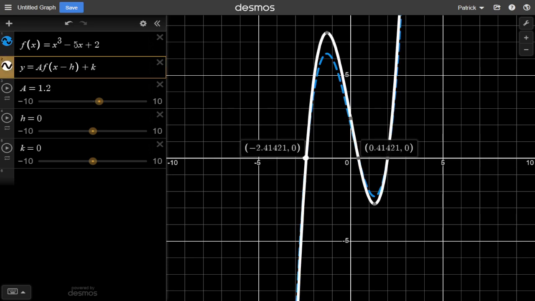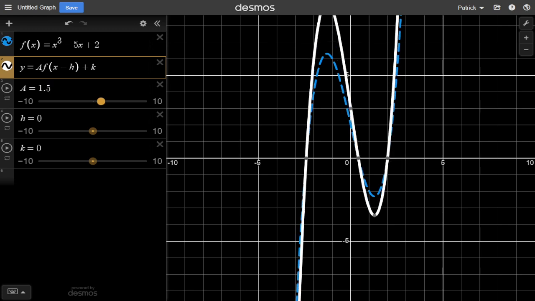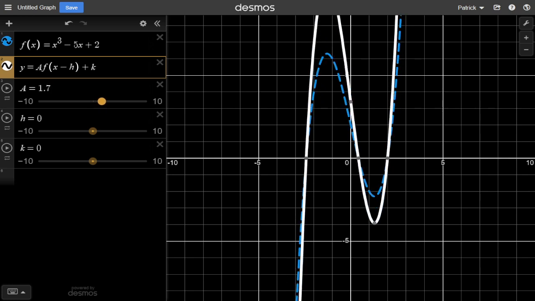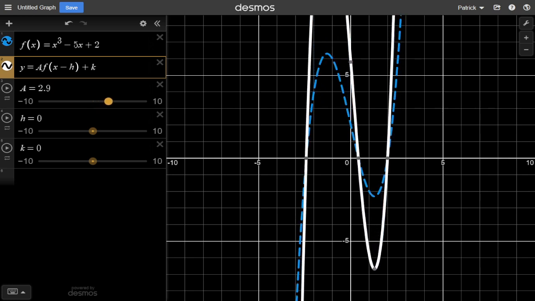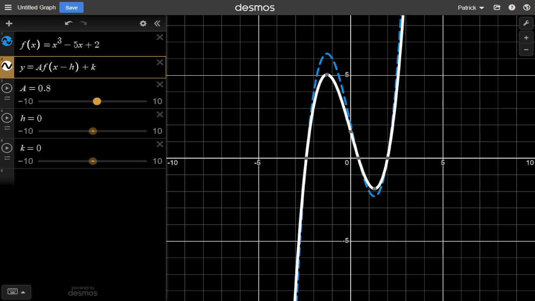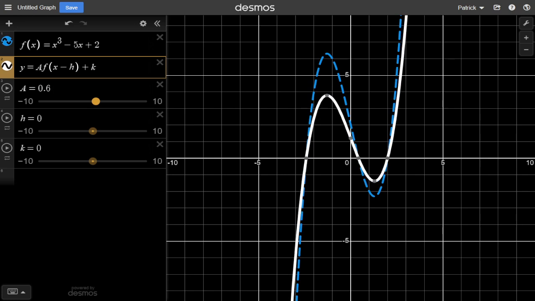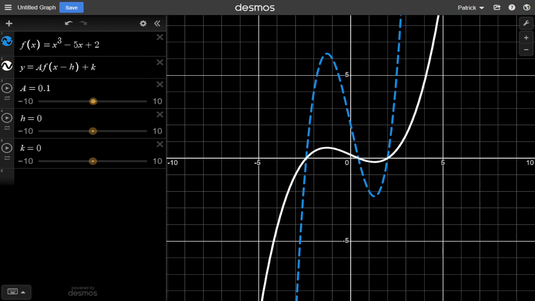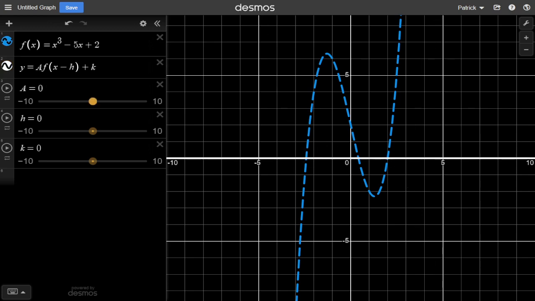One of the things that I do want to point out here, though, is as you pull this function up and down like this, the zeros, the places where the graph crosses the x-axis, don't change. They stay in exactly the same place. Right? If I make a smaller than 1, we end up with a smaller function that's been kind of compressed. It's probably not going to be too much of a surprise to you.